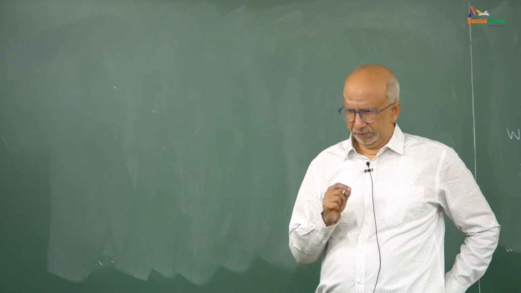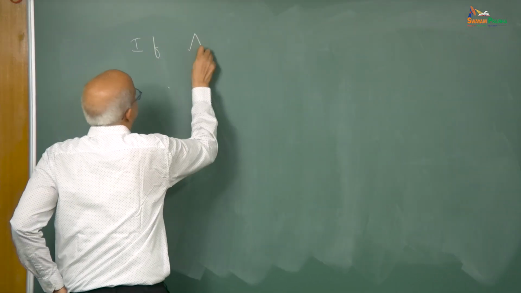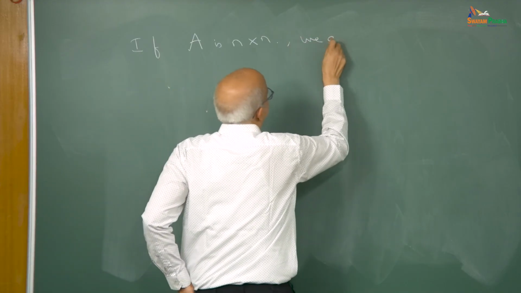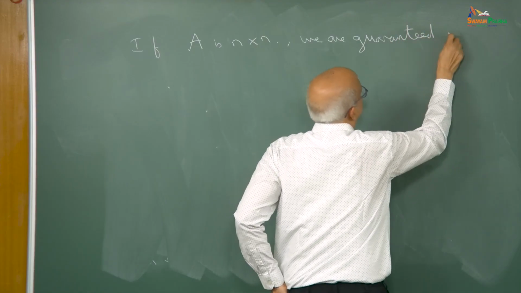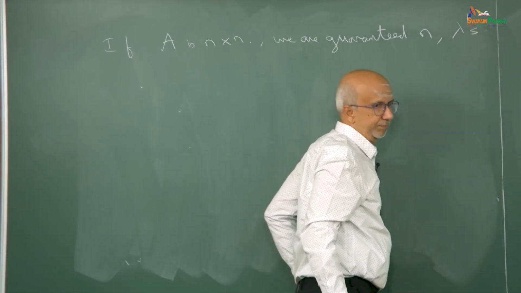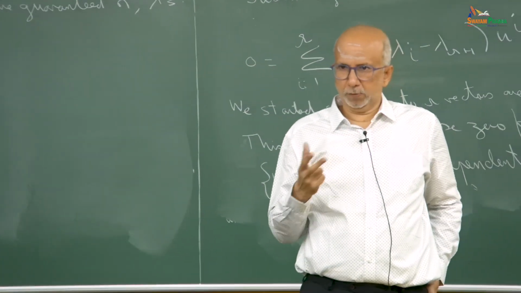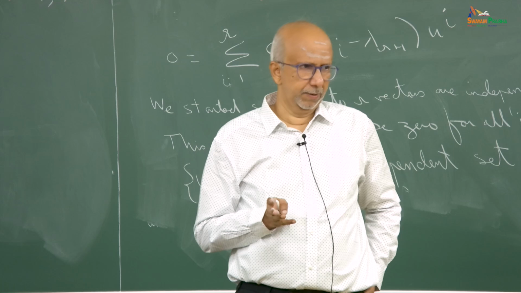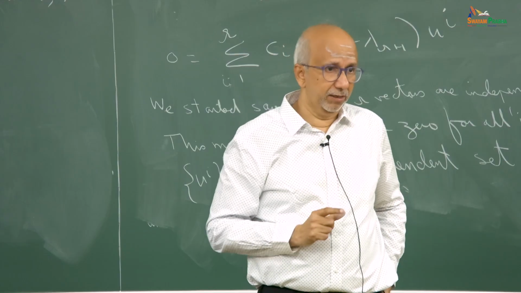If A is n by n, we are guaranteed n eigenvalues, because the eigenvalues are roots of an nth order polynomial, and that has n roots, real, complex, I don't care. But I may not have n eigenvectors. That's the reason I kept saying I'm assuming I have n eigenvectors.